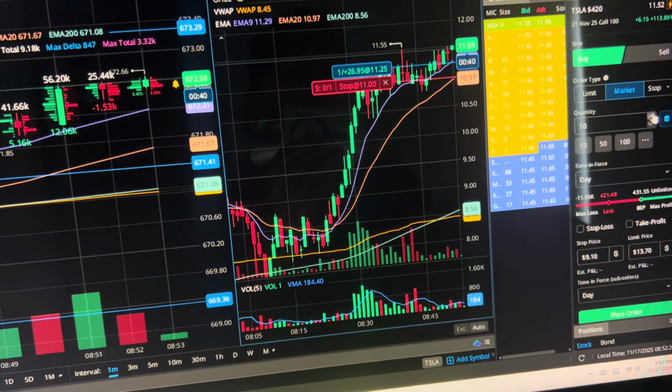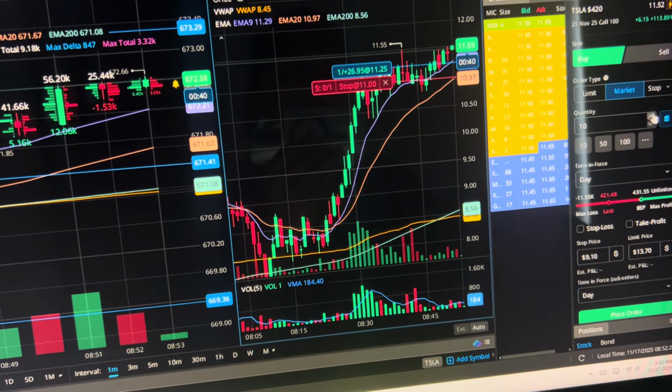I'm testing out this new footprint chart, and the information that this gives you is really good, because you're able to see all the absorption of the buyers and sellers in each candle by depth, step by step. This is what I wanted to get, but this program in another setting is pretty expensive to have.